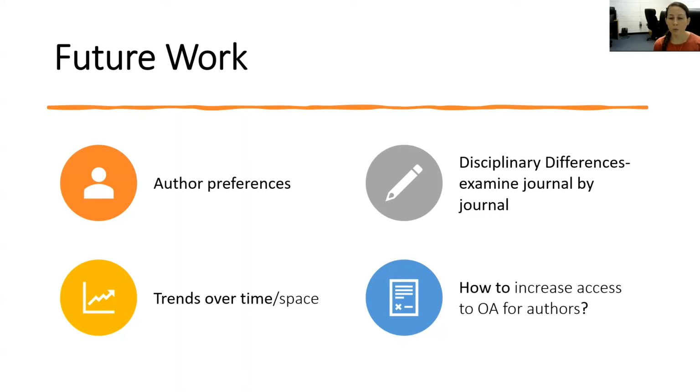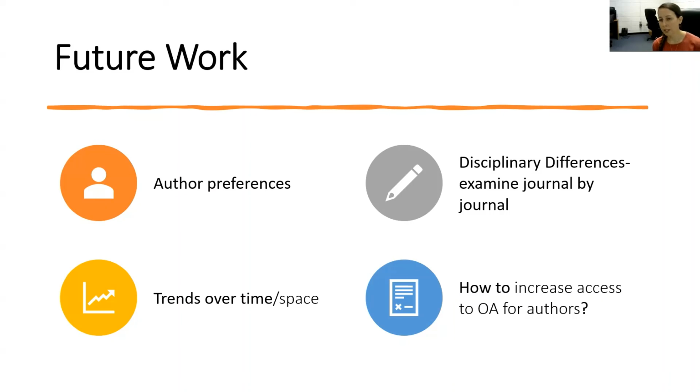We also were not able to look at any trends over time or space because relatively few articles have been published in these mirror journals to date. But as more and more get published, we could potentially repeat this same analysis and look at how things change over time, as well as any differences across countries or institutions that might have incentives or funding available for their authors.